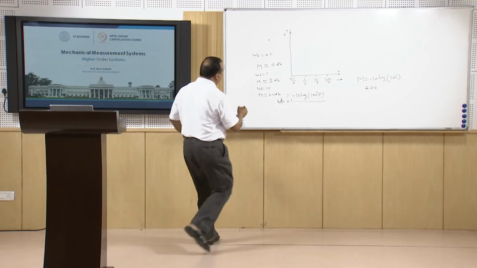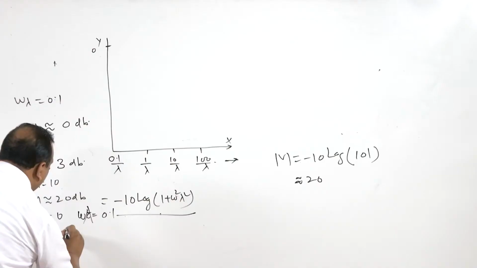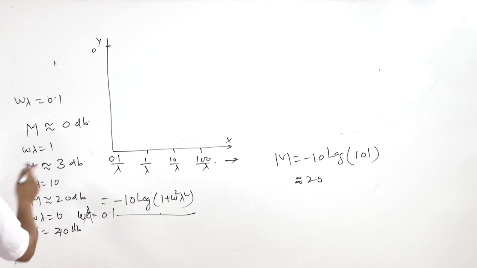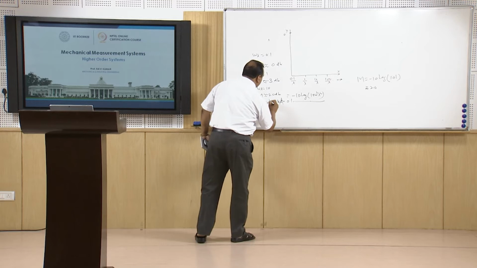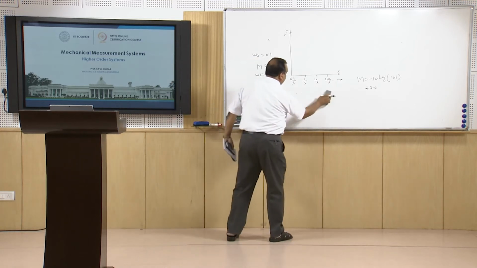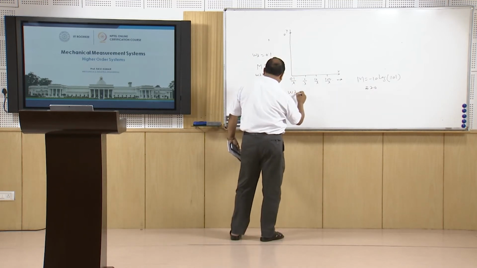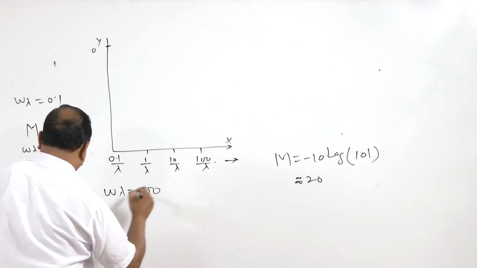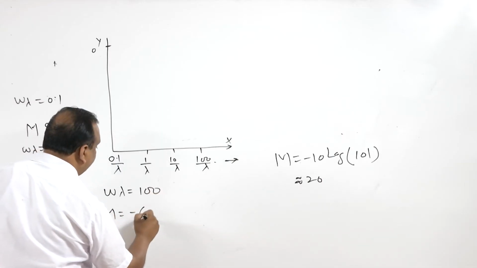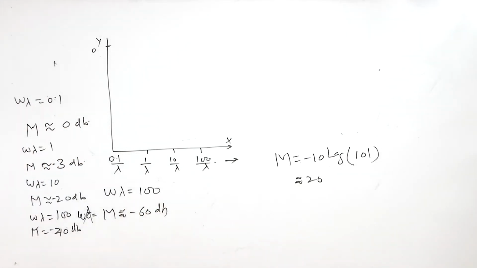So, for omega lambda equal to 100, m is equal to minus 40 dB, they are all minus, right. And when omega lambda is 1000, then m is going to be minus 60 dB, and this is approximately very close to minus 60 dB.